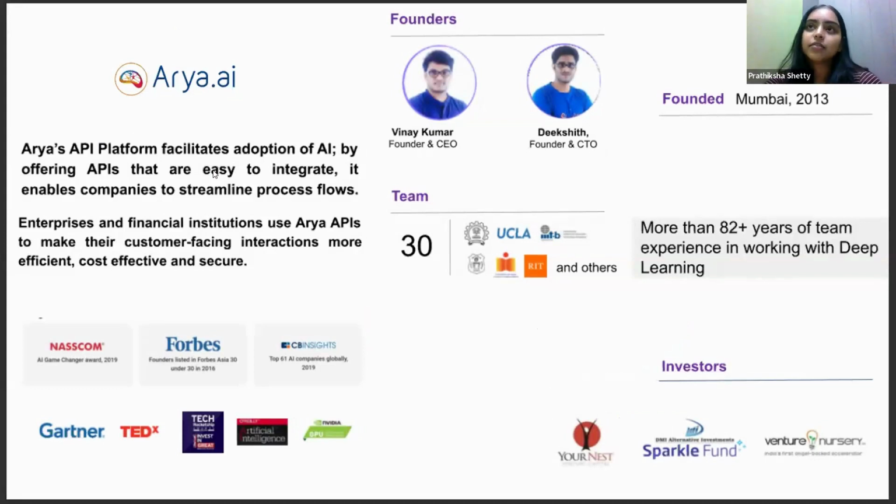We have automated various key processes for BFSI industries over the years. So our platform offers APIs for financial analysis, onboarding, digitization, healthcare, etc. We have a global presence in over 16 countries as of now.